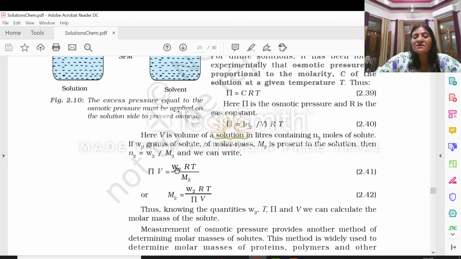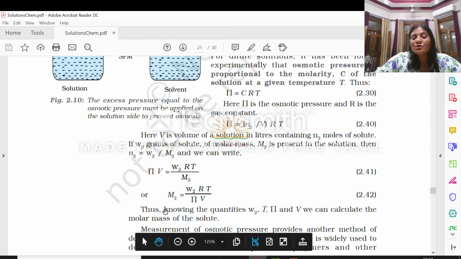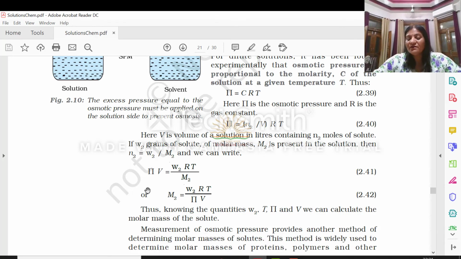In all three equations, I have taken W2 as weight of the non-volatile solute in grams. M2 is the molar mass of the non-volatile solute. Now, when we want to calculate the molar mass of the non-volatile solute, this will be the equation: W2 RT by pi V.